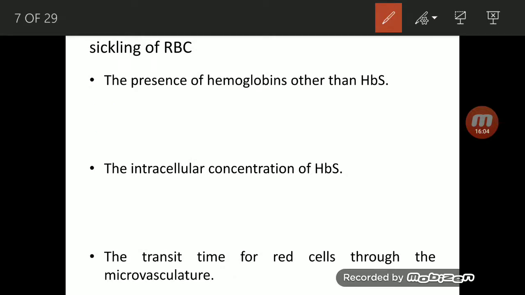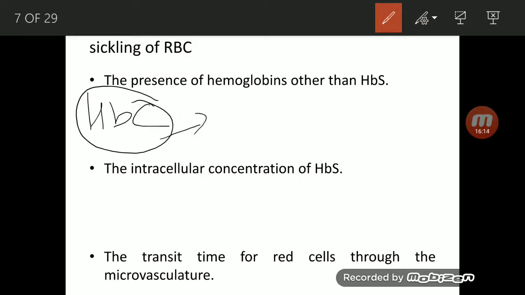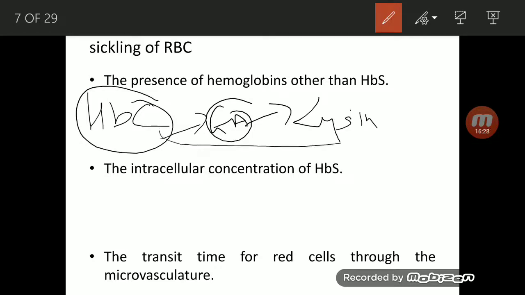Another one is a mutation in which you get hemoglobin C. In case of hemoglobin C, your sixth amino acid, glutamic acid, is replaced by lysine. But it has been seen that HbC reacts with your HbS very well.